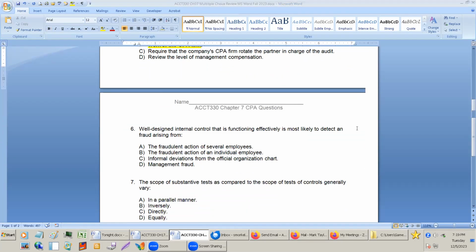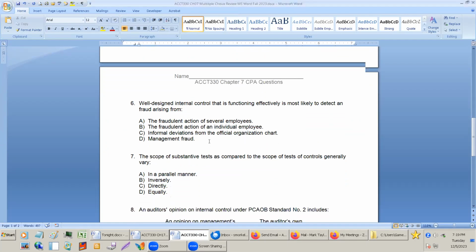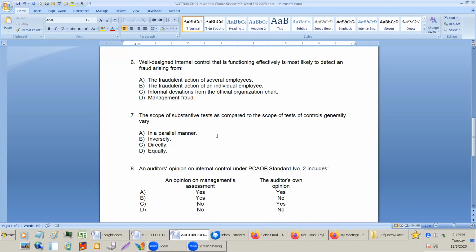Okay. Let's go to 6. Which of the following would be most likely to detect? Yeah, there's a limitation of internal controls. So this is the fraud in action of an individual. If it's just one person, a lot of times internal controls can catch it.